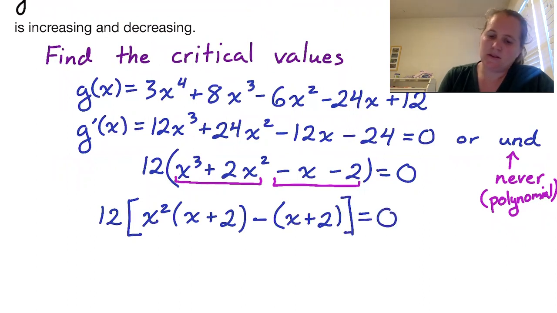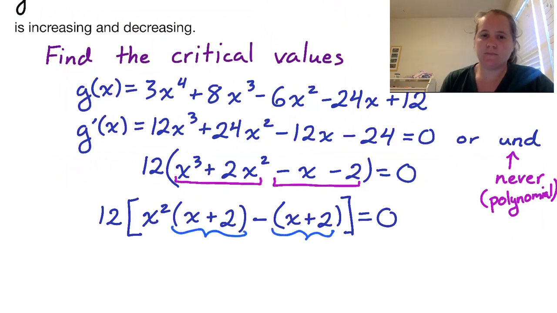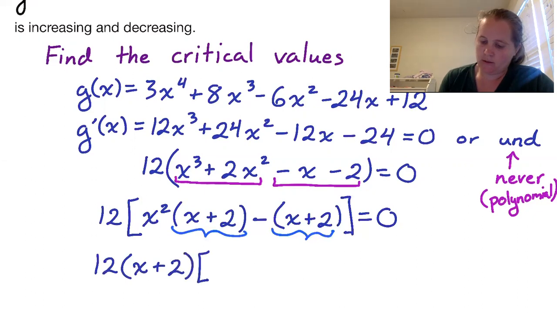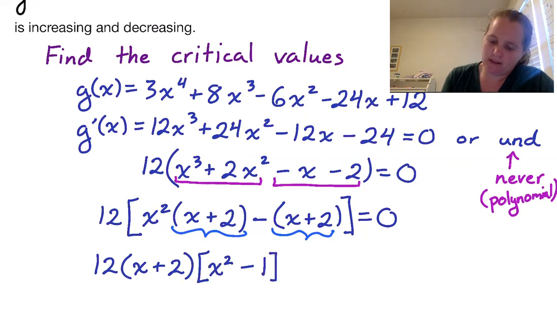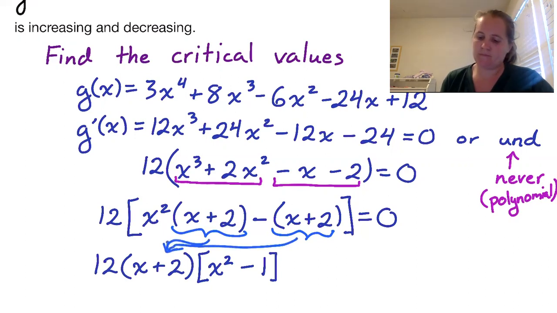This is all equal to 0. Then we have common factors of x plus 2, so we can pull out an x plus 2, and we're left inside with x squared minus 1. So again, we're just taking this x plus 2 and pulling it out front. This is all equal to 0.